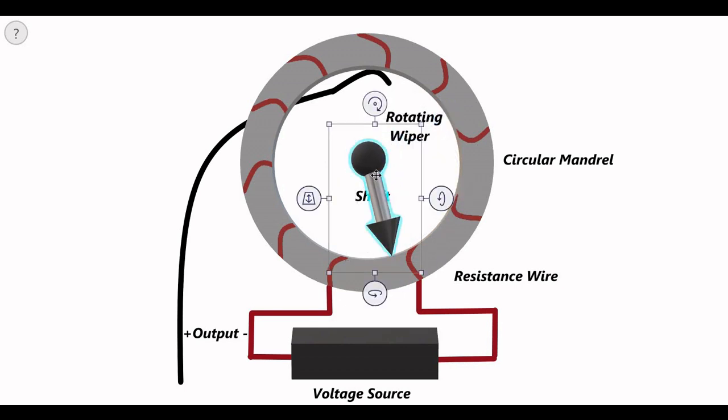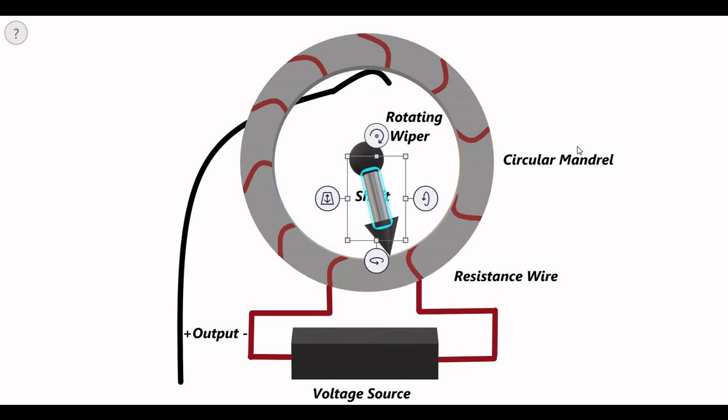The same principle applies for the total circumference of the potentiometer, which constitutes the total length. Depending upon that length, the resistance is split into two parts accordingly, and according to the voltage division rule, we get the voltage output signal.